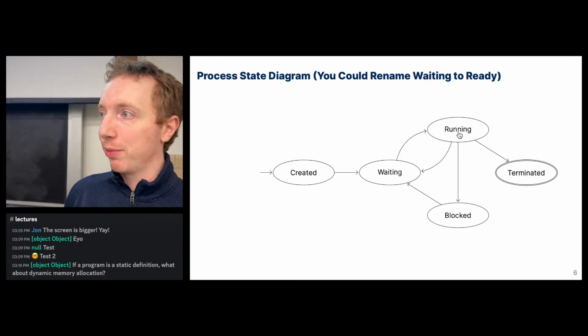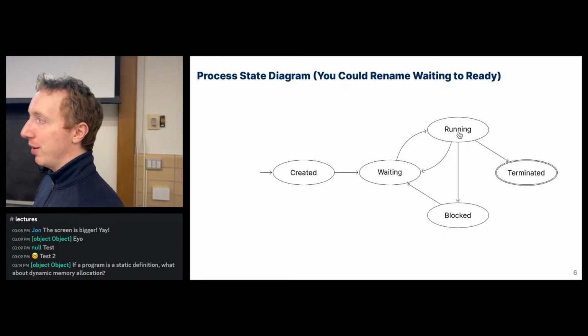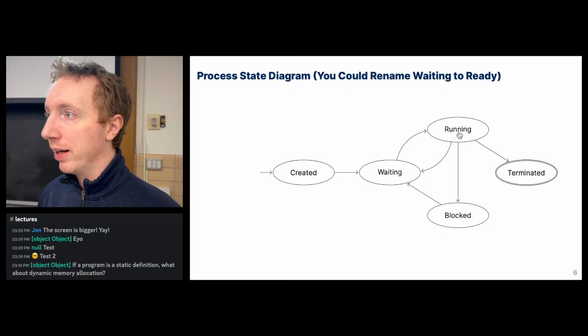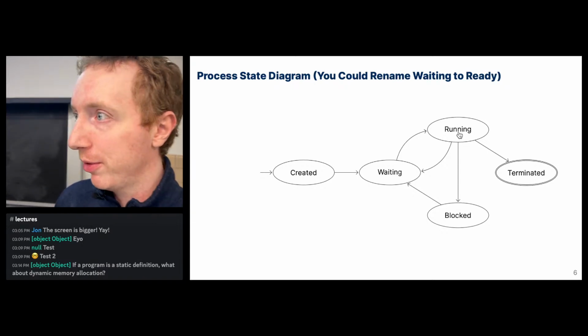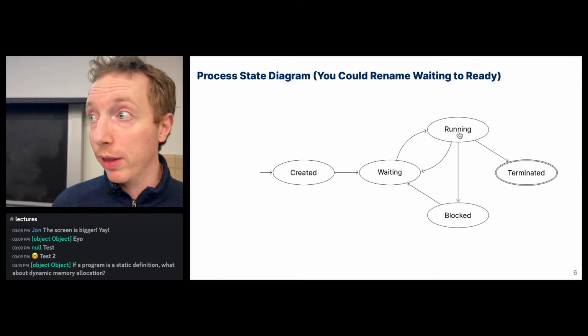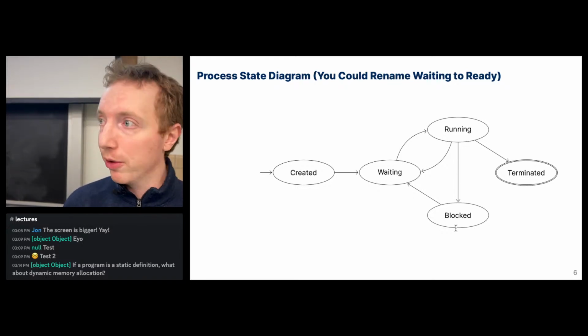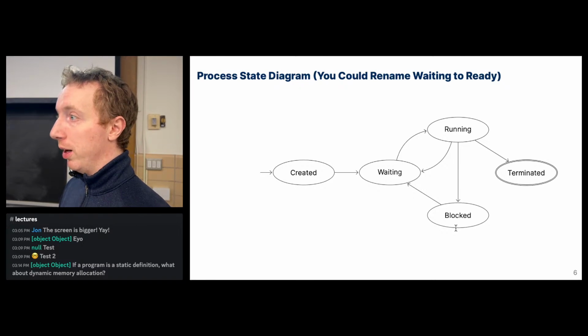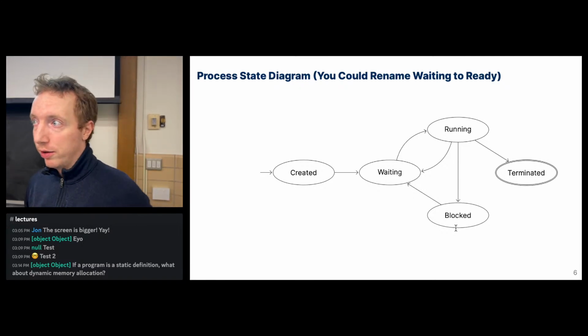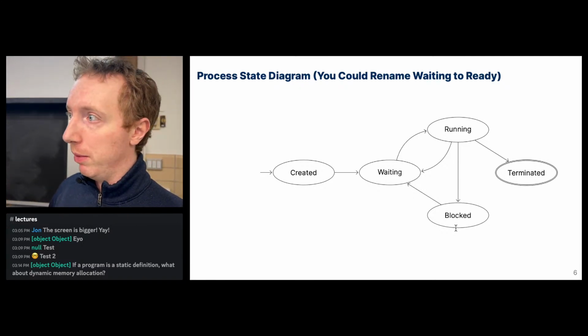Another option is while it's running, it might make some system call that interacts with something that's much, much slower. For example, your hard drive is much slower. So if it's trying to read from a file through that read system call, it might go into this block state where the kernel cannot schedule you to run because you're waiting for something. This would be like, I'm waiting for some input from a file.